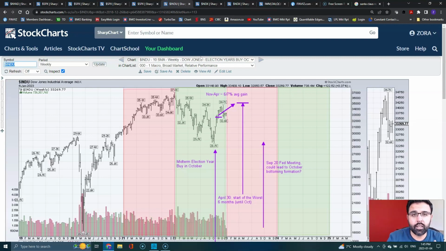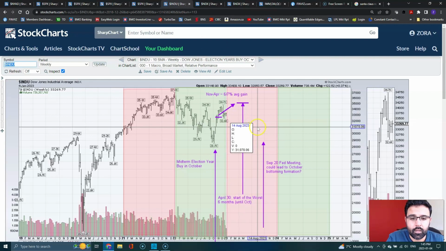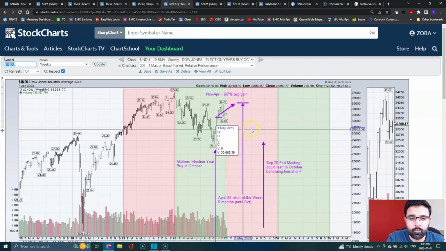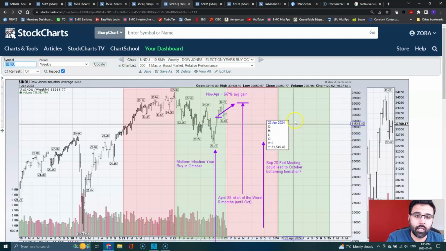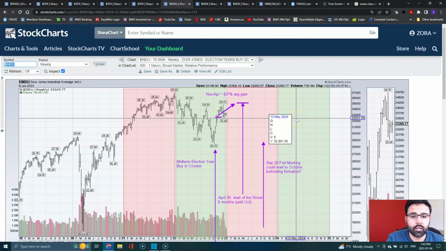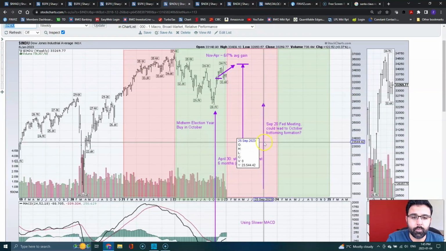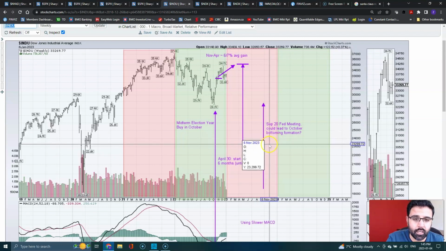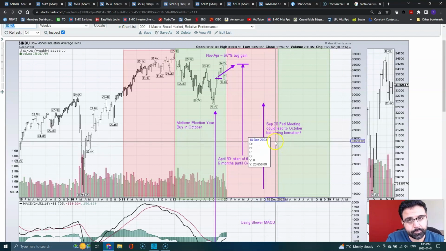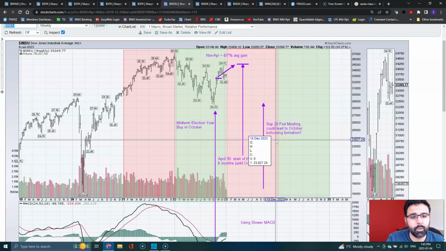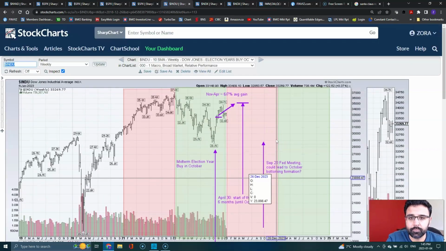So we're just entering that right now, 23 and 24. The years are pre-election and election. So the next 2 years may show some strength. And I've also marked a potential bottoming period could be September or October if the Fed pivots later in the year.